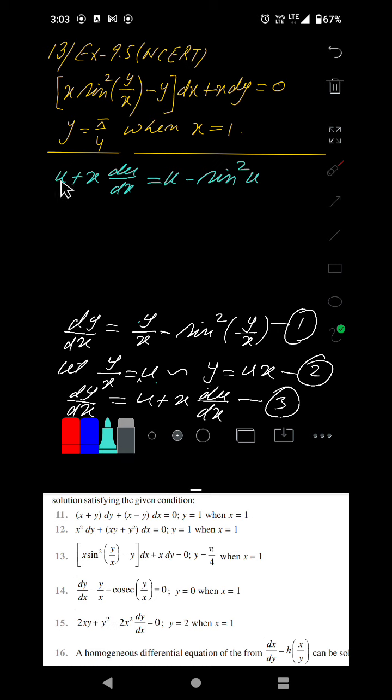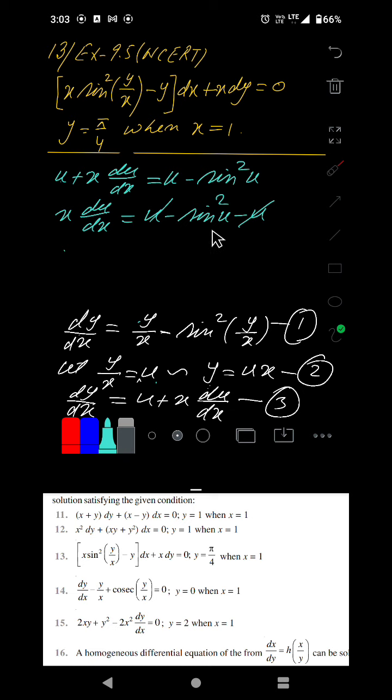Now transposing this u to right hand side, we have x du upon dx is equal to u minus sine square u minus u. This positive u and negative u are cancelled with each other, and we are left with x du upon dx is equal to minus sine square u.